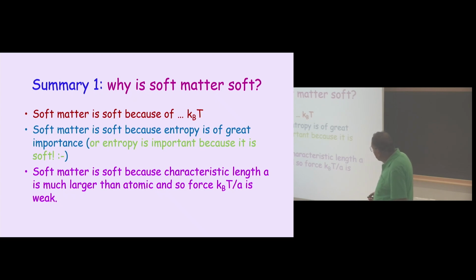It should be read as a continuation of the blue sentence: soft matter is soft because entropy is of great importance for soft matter. A material is soft if for this material entropy is very important. Or alternatively, you can say entropy is important for a particular material because this material is soft. Softness of a material suggests to you that entropy is important for this material.